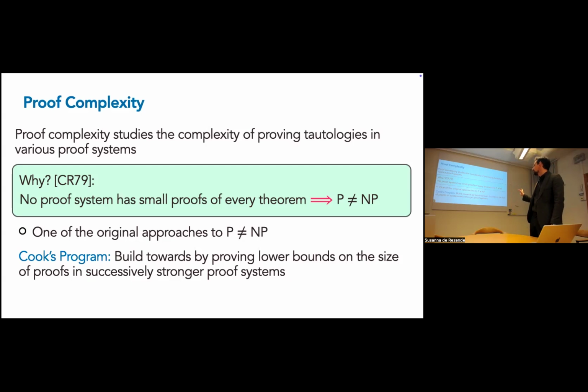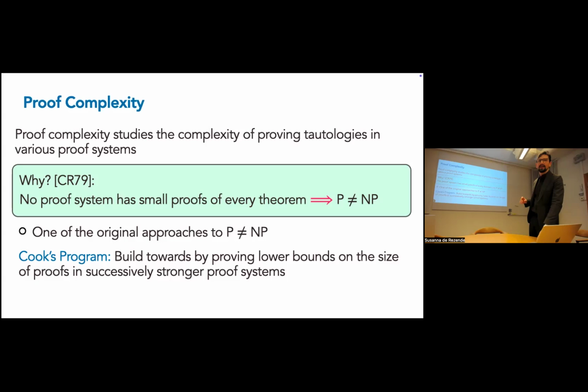It's of course a very daunting task because there are infinitely many proof systems. How do you even start? So Cook proposed this program of building toward this question by proving lower bounds on the size of proofs in successively stronger proof systems. Again, still very daunting, but this is at least an approach.